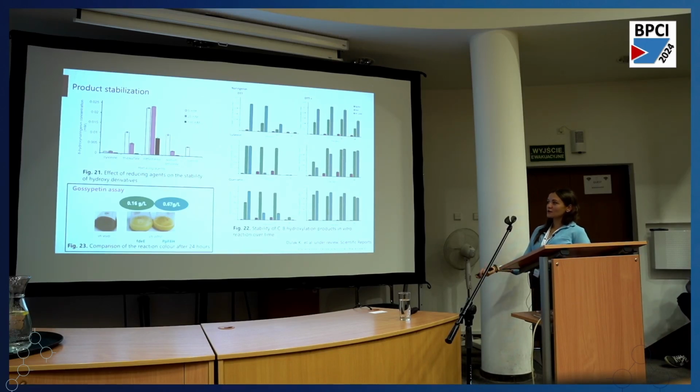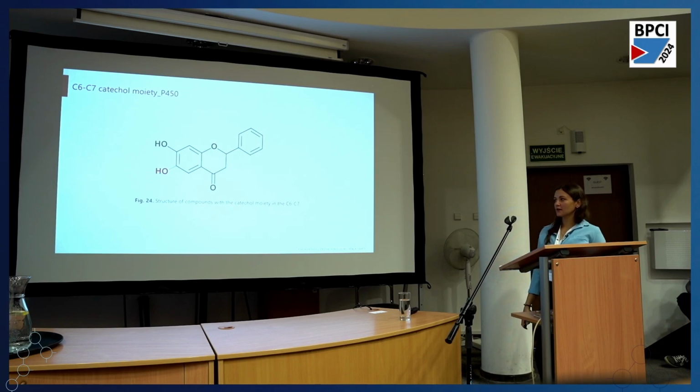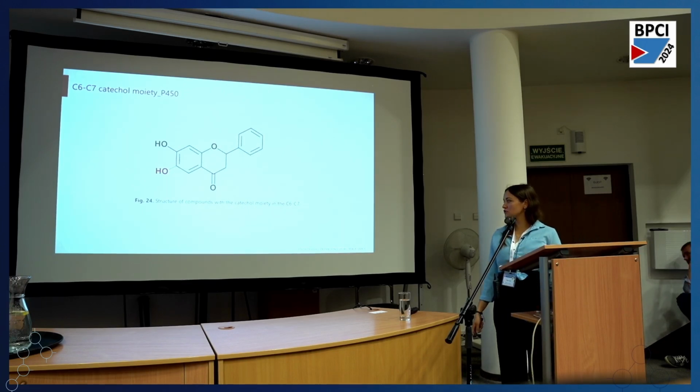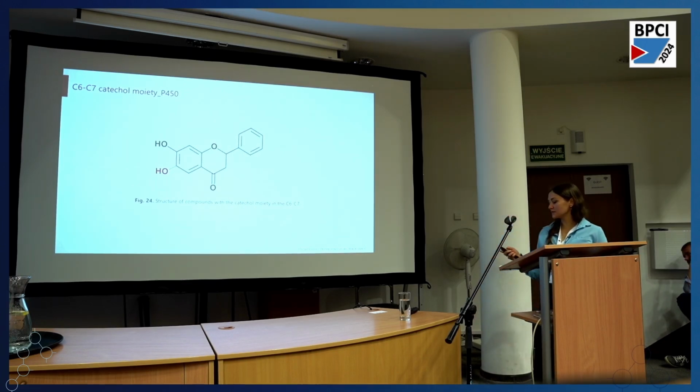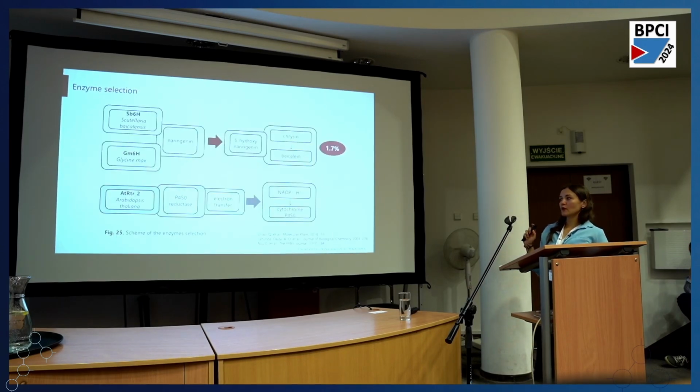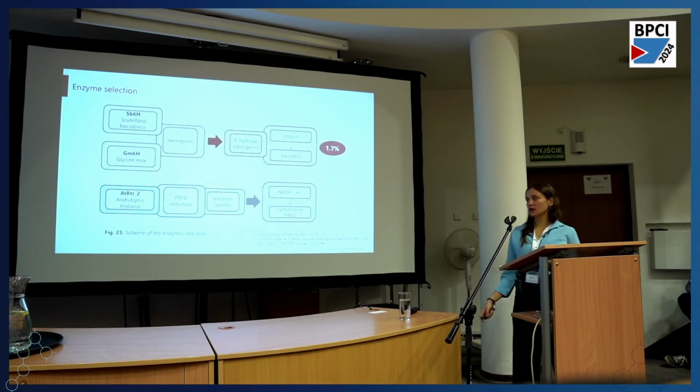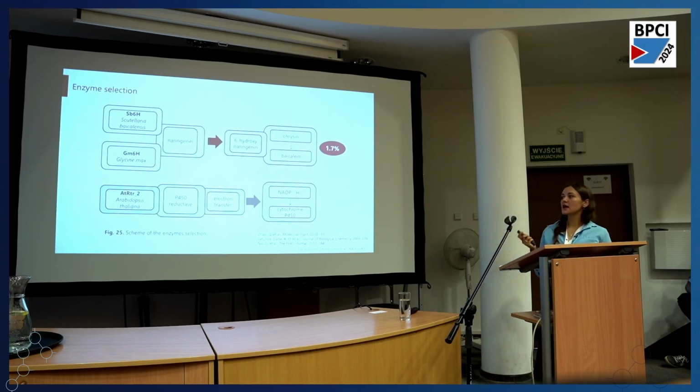And now I would like to switch to the second catechol position, that's C6, C7, for which we decided to use a different group of enzymes. So that's the P450 monooxygenases.